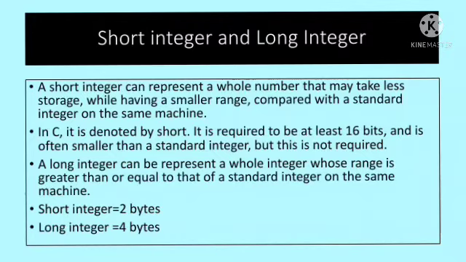A long integer can represent a whole number whose range is greater than or equal to that of a standard integer on the same machine. Short integer has 2 bytes while the long integer takes up 4 bytes.